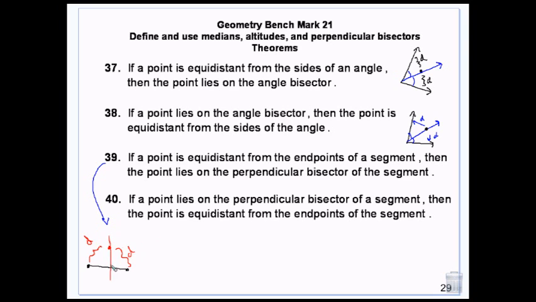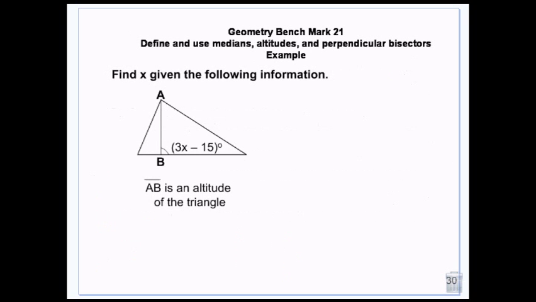That means you're on the perpendicular bisector. And vice versa, if you are on the perpendicular bisector, that makes the distances to the 2 ends the same. So these go backwards, both of them. Okay.